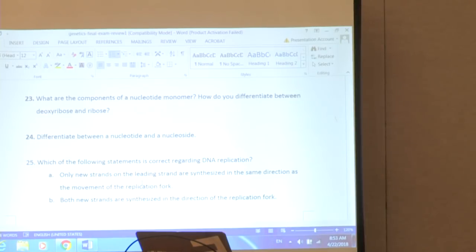All nucleotide monomers will have a free 3' hydroxyl group, and that's what is key in the polymerization of nucleotides, right? Nucleotide monomers are added to free 3' hydroxyl groups. But in this case, what differentiates the two sugars is the presence of a hydroxyl group at the position 2', right?